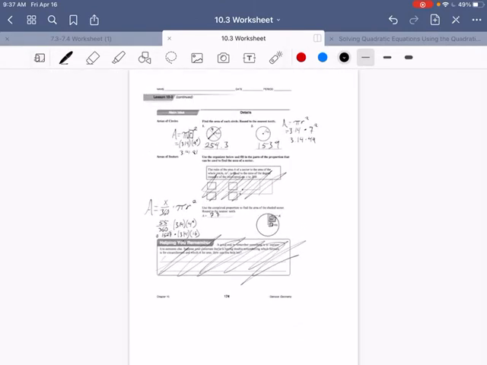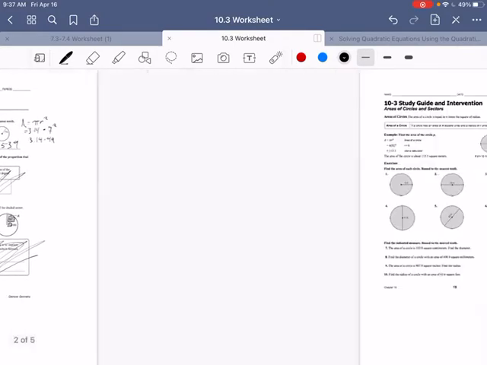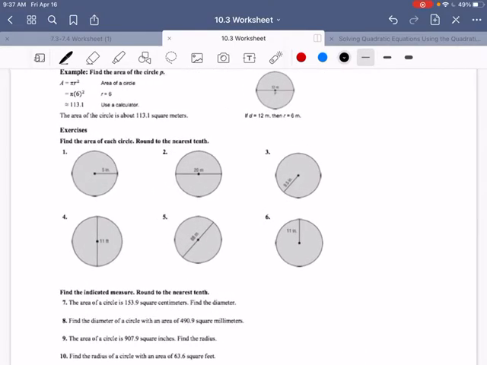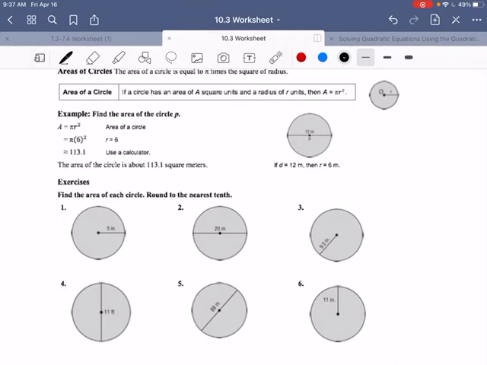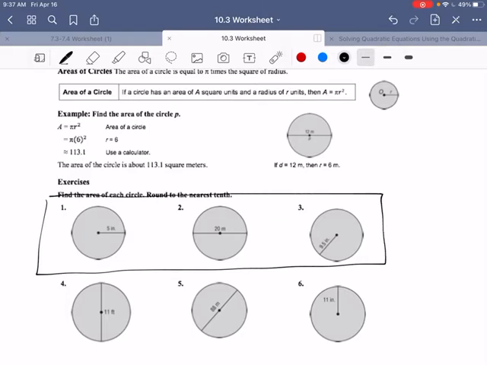Okay, we've got here some chances to work on our area, so I want you to go ahead and do 1 through 3. That's all we're doing, finding our area. So again, it's pi times radius squared.